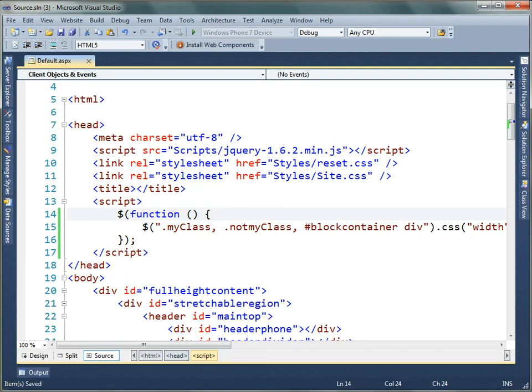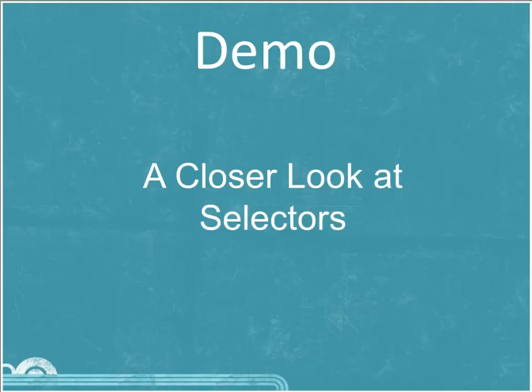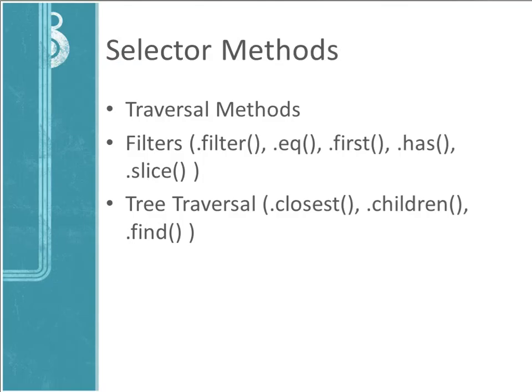Let's take a look at some selector methods. Selector methods are typically also referred to as traversal methods, because we're going to create a selector pattern and then traverse the DOM from there.